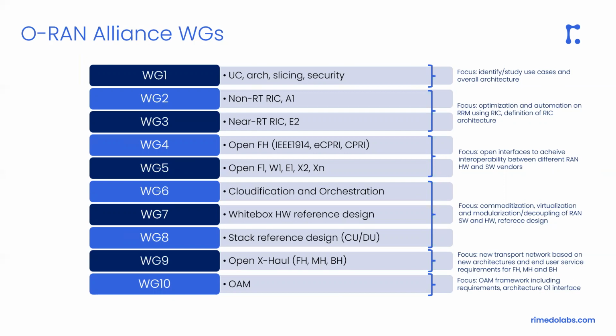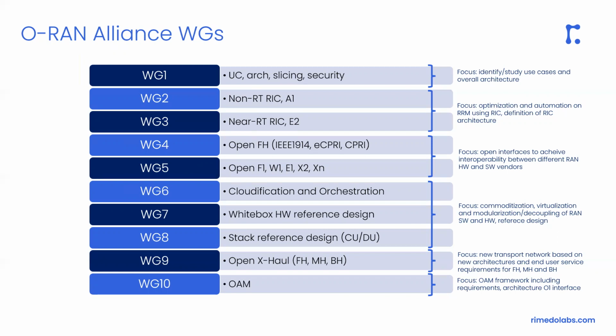The important aspect here in general is that each working group is working at its own pace. So we don't yet have formal releases of specifications like we had in 3GPP Release 15 or Release 16. Each of those is progressing in a different manner. So we cannot say that a system is compliant to the O-RAN Alliance release 1 or 2, because each of the specifications from the working groups has different numbers and different versions.